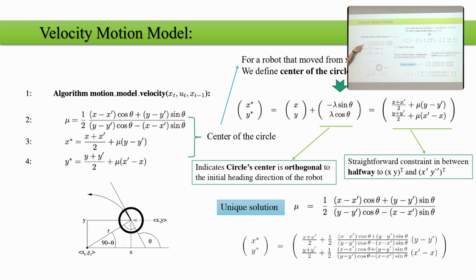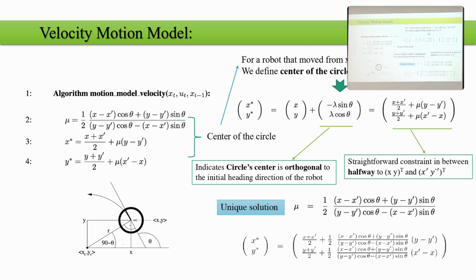Finding the mu based on the parameters that we have, x, y, x prime, y prime, and theta, the initial bearing of the robot. Then based on the calculation of mu, we can plug the same term over there, put it here and calculate it. We can get the x star and y star as the center of circle.